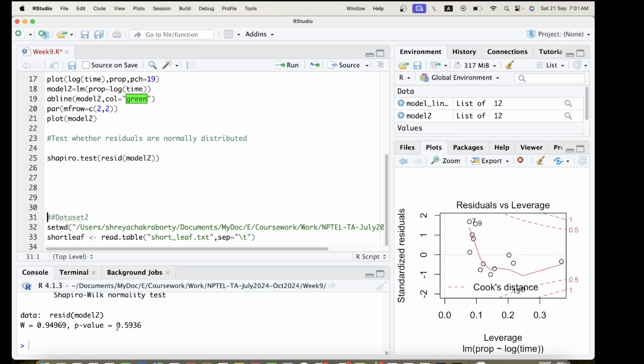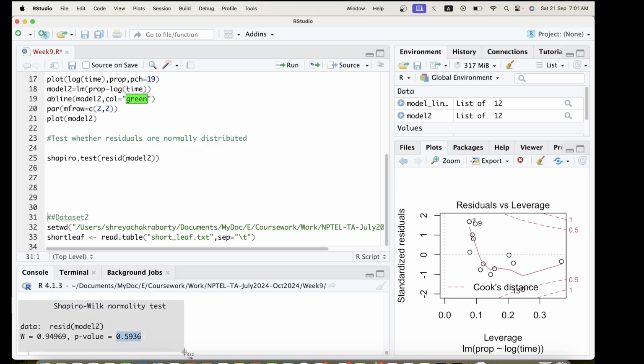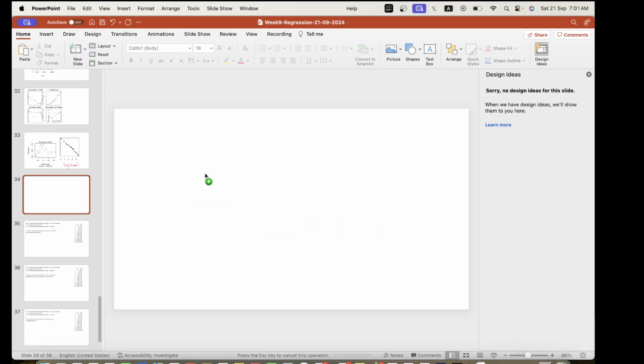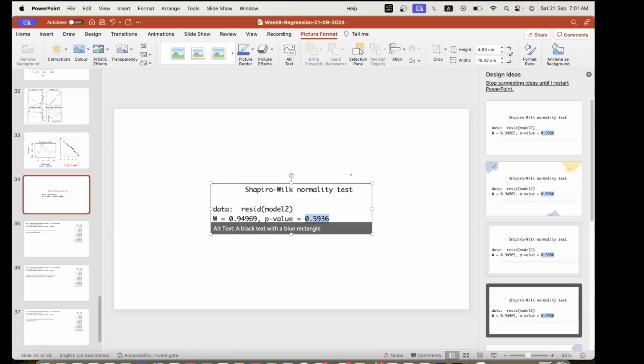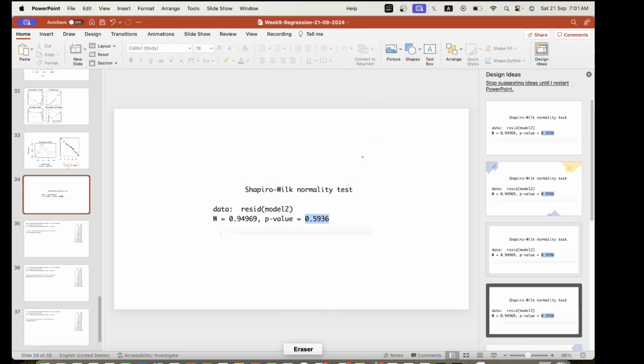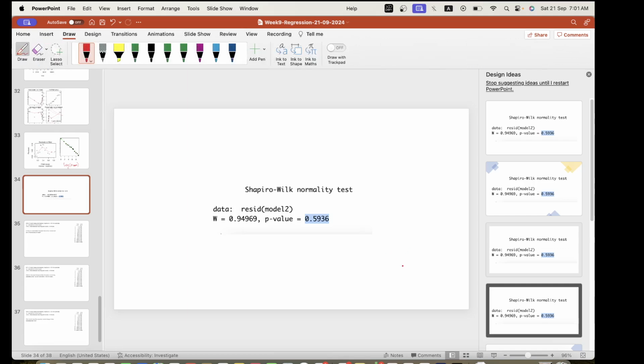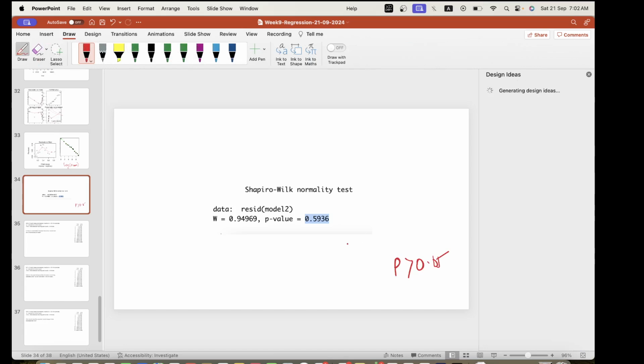Okay, so here since the p-value is 0.5936, and p is greater than 0.05, we conclude that in the Shapiro-Wilk test, H naught is that the distribution is normal.